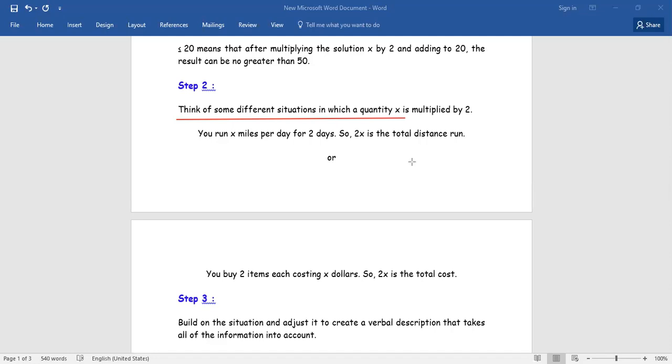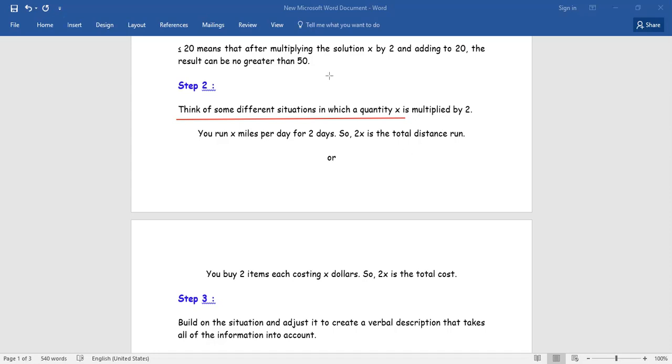Second, think of some different situations in which quantity x is multiplied by 2. You will buy something, you will run 2 miles, you will study 2 hours for each day, and so on.